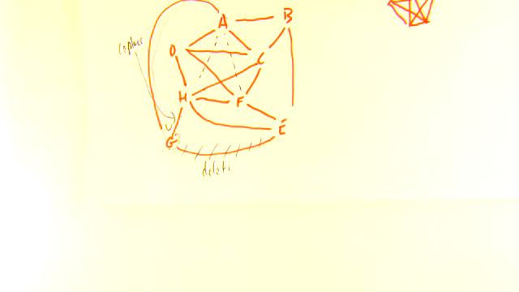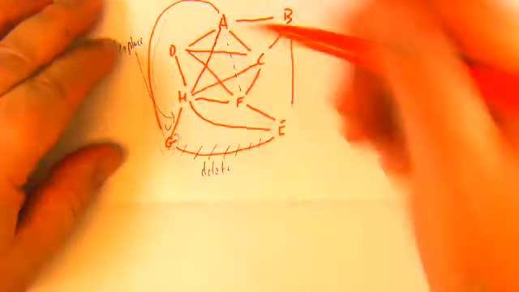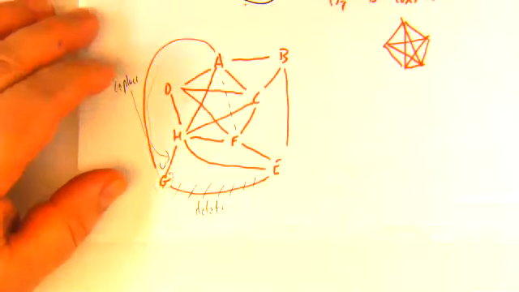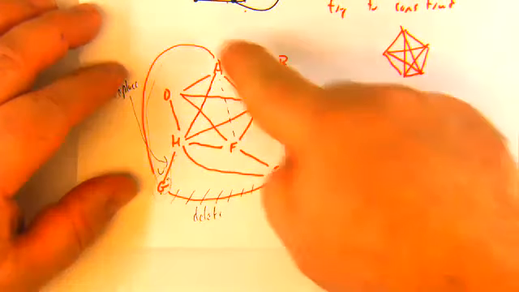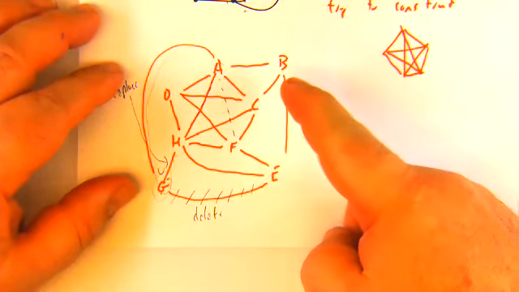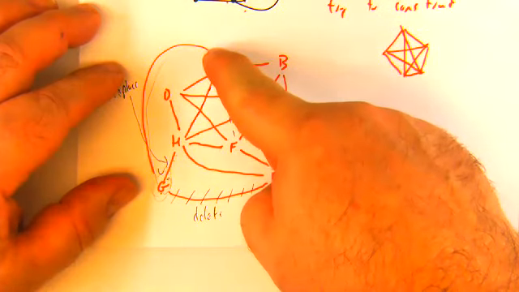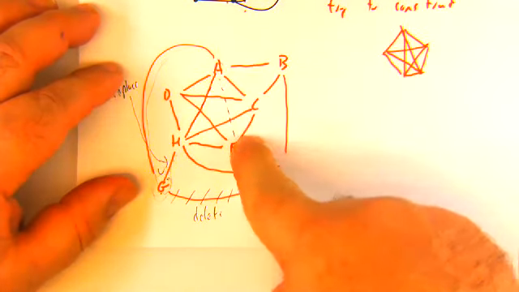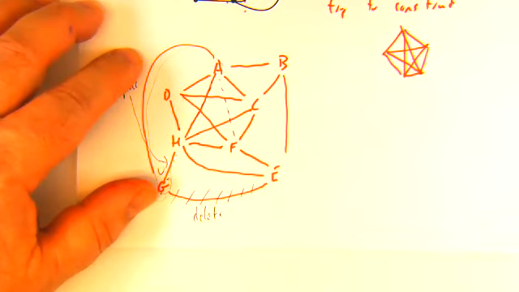with this one. And similarly, we need A connected to F. Well, we can go from A to B to E to F. That's one way to do it. How can I get that?